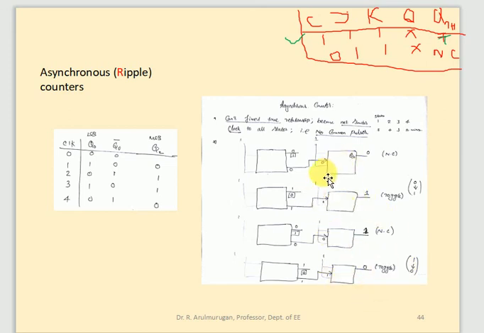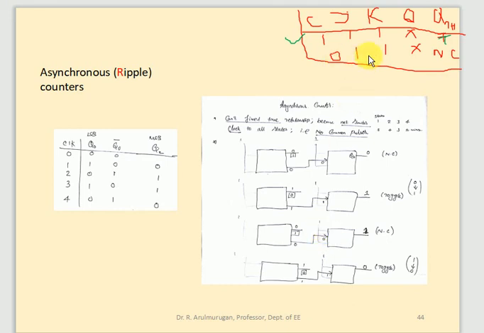Okay, output, what is that? Clock is 0 and JK is 1. Clock is 0, JK is 1, no change. So no change, 0 means 0. Now the clock value is 1, JK is fixed 1. So it's a toggle. Toggle means 0 is shifted into the 1. Then now 0 is an input, and then clock is 0 and JK is 1.